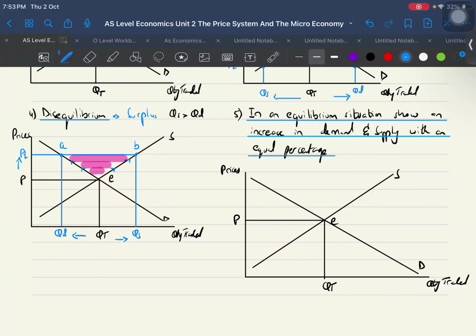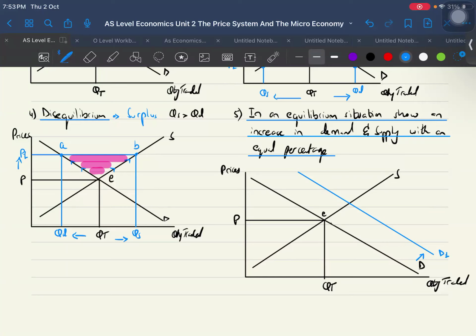Now, the case states that you're supposed to increase the demand and supply. So that's the equilibrium. You're supposed to increase the demand from D to D1. You just measure the distance with the scale, okay?